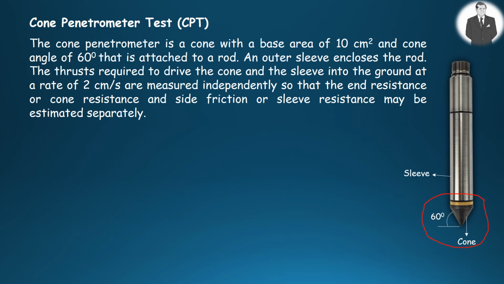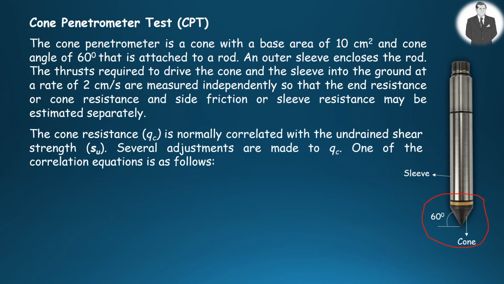The rod is included in the outer sleeve. The force required to drive the cone and the sleeve into the ground at a rate of 2 cm per second are measured independently so that the end resistance and the side friction may be assessed separately.